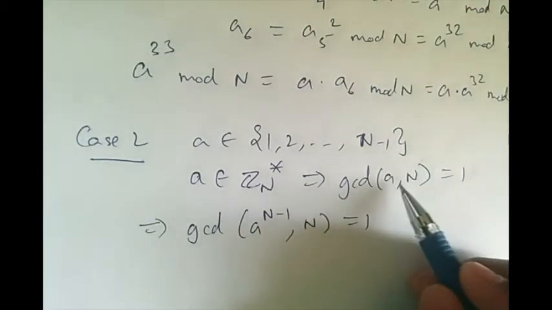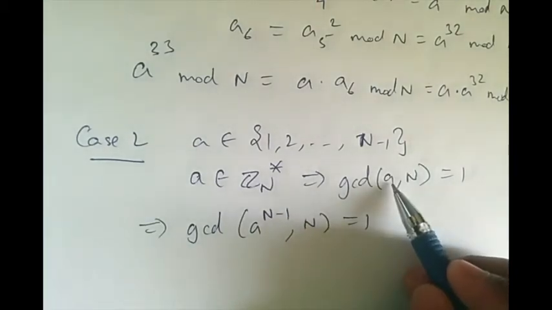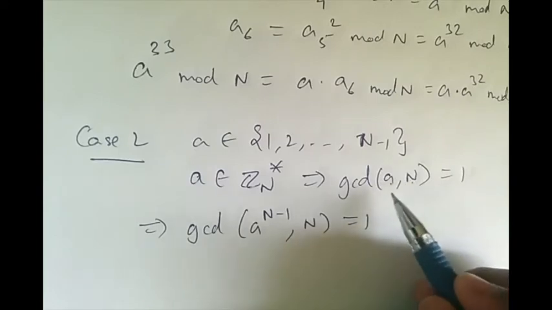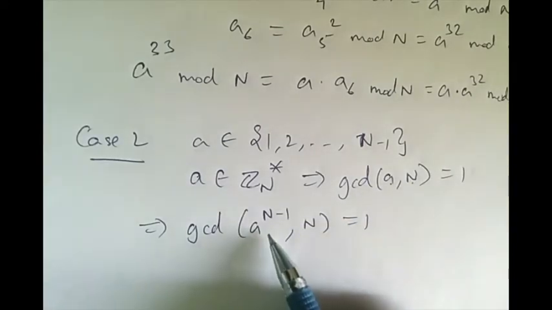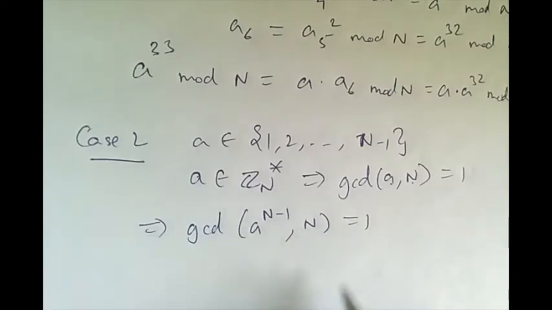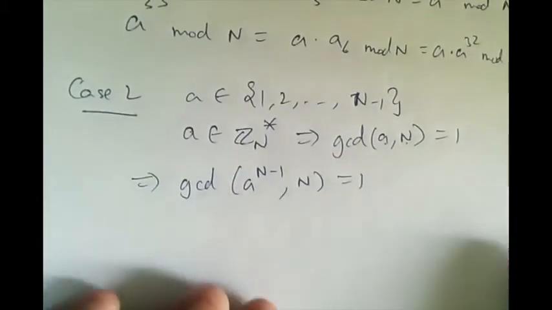Because if the common divisor between A and n is 1, and now if I just keep multiplying by only A, I'm not introducing any new divisors, so the GCD will have to remain 1. That is the intuitive way of arguing that.